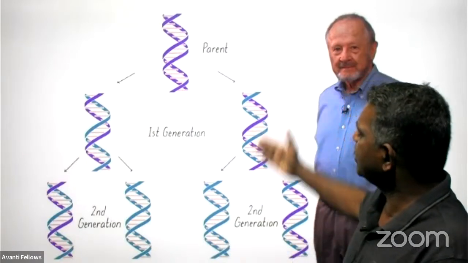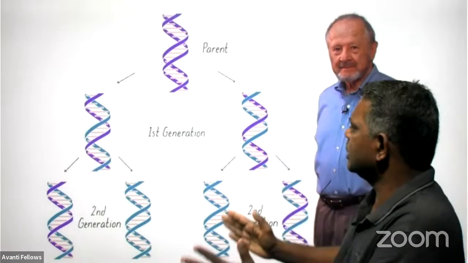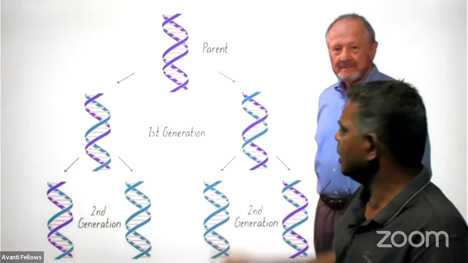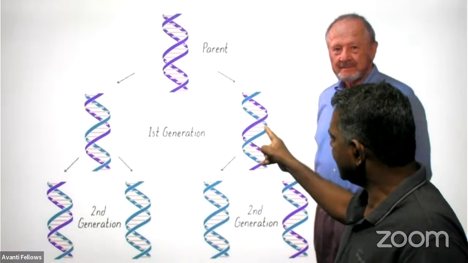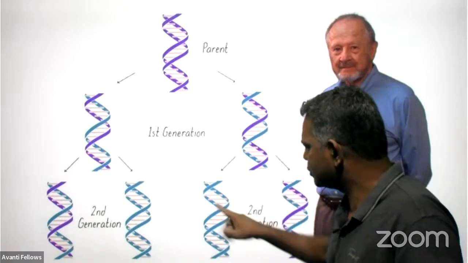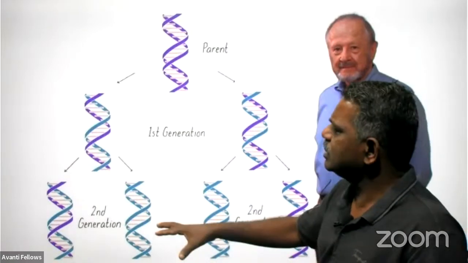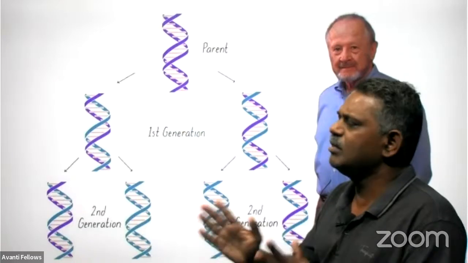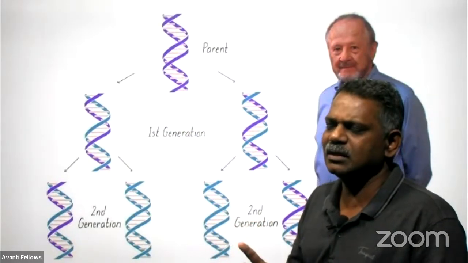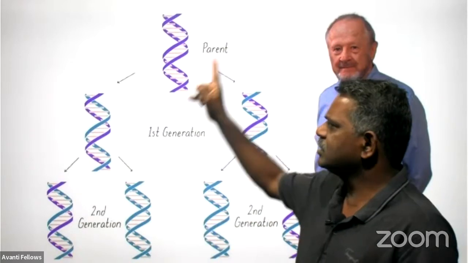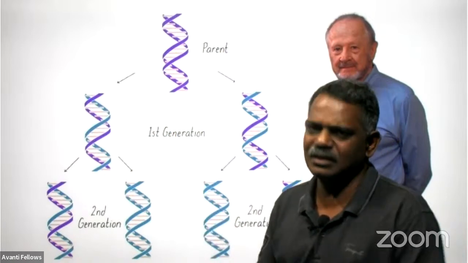The same thing happened here also. During the replication, these two strands separated and act as templates, and the heavy strand produces one light strand, and this light strand acts as a template and produces another strand. So here, replication is purely semi-conservative, because during this replication, one strand is conserved and another one is newly synthesized.